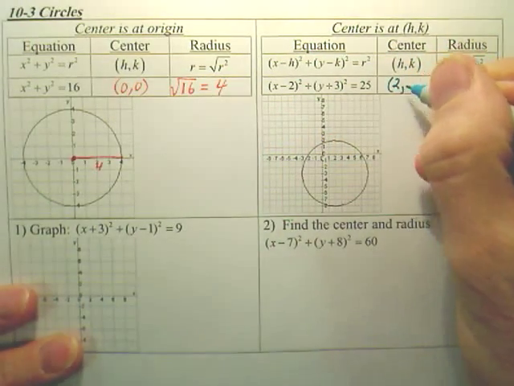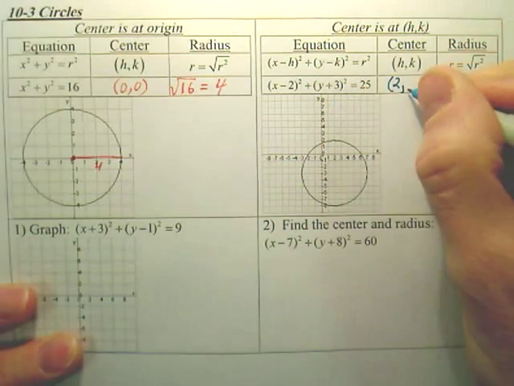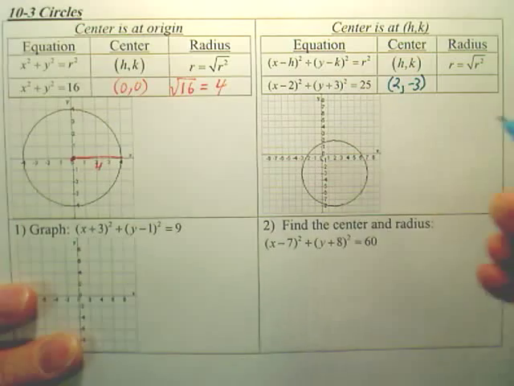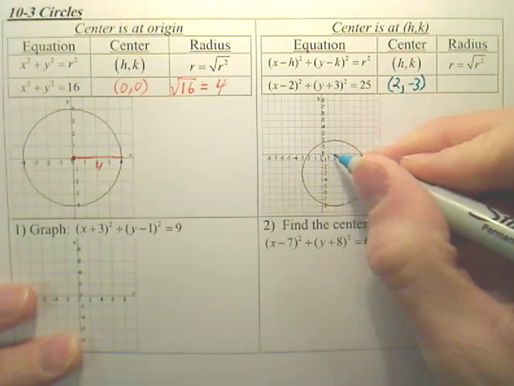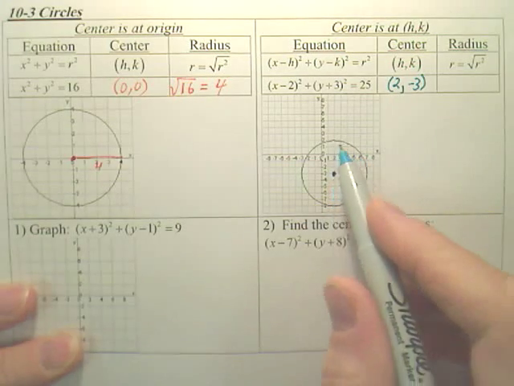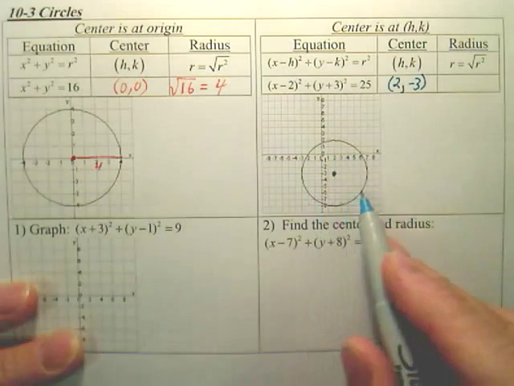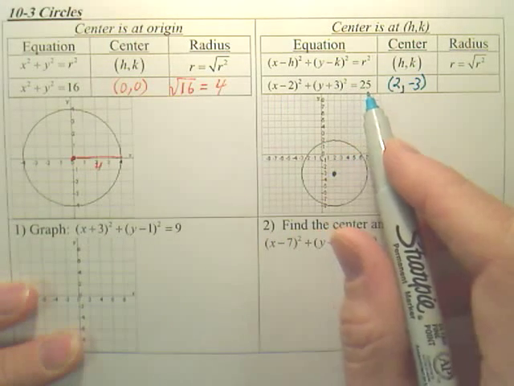So the coordinate is 2, comma, what's the opposite for the y? The opposite of 3 is negative 3. So what does that mean? If we look down here, 2, negative 3, if we go over 2, down 3, doesn't that look like the center of this circle right here? 2, negative 3 is the center of this circle, because this is a circle for this equation.